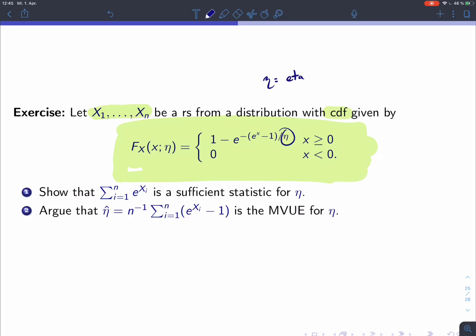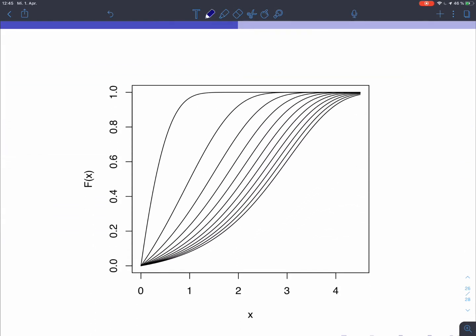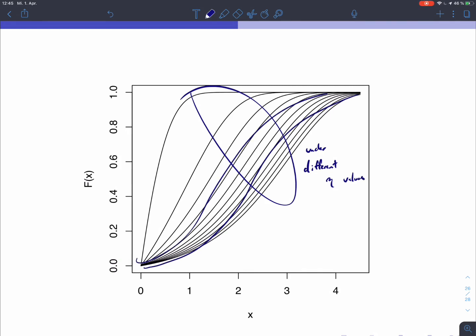To give you an idea of why we might be interested in this particular CDF, these CDFs look like this. Under different eta values, the CDF takes these different curves.